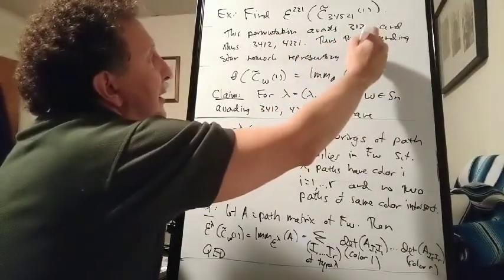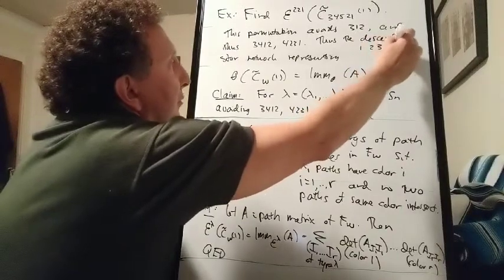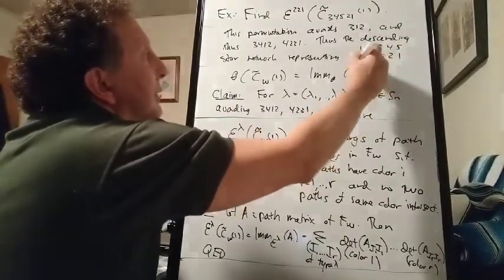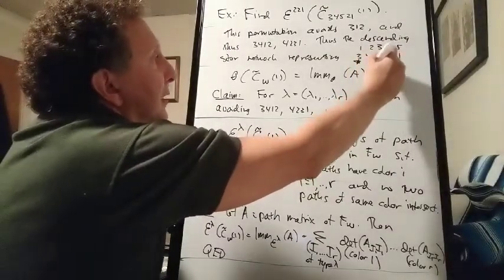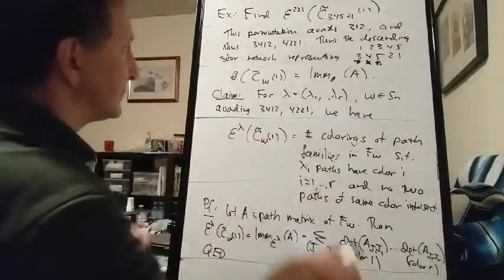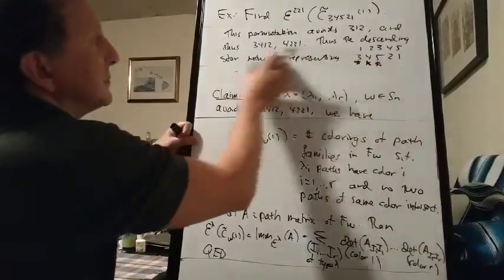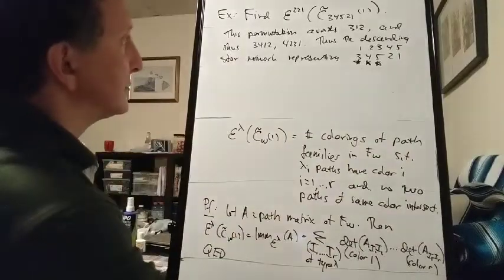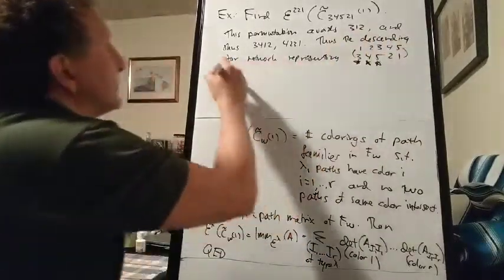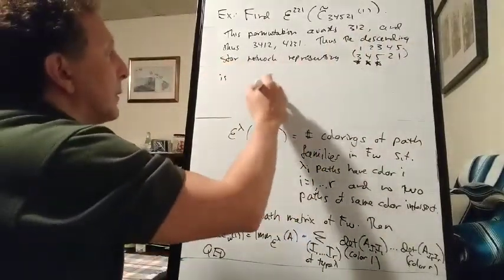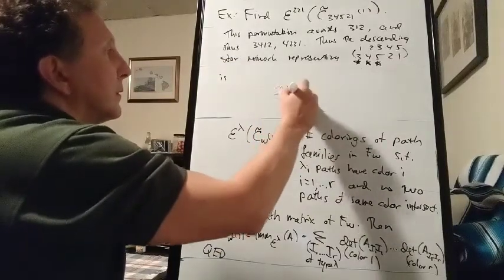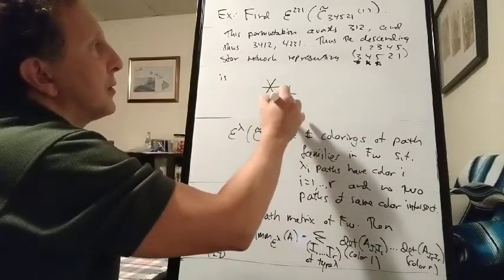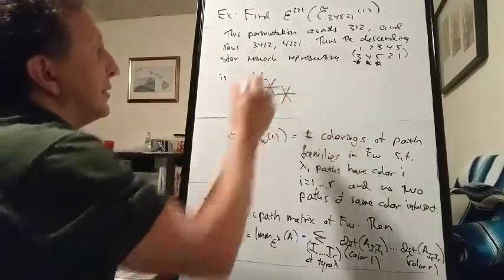So we'll write this in two-line notation: 1, 2, 3, 4, 5 over 3, 4, 5, 2, 1. 3 is a record, 4 is a record, 5 is a record. So we have a star from 1 to 3, and then 2 to 4, and then 3 to 5.